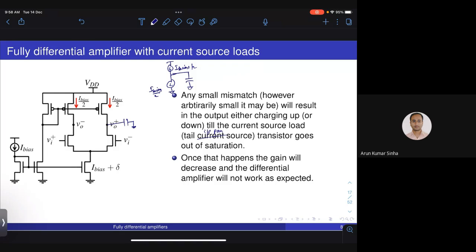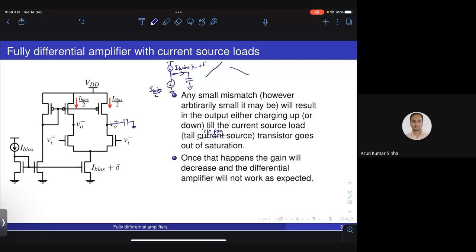If there is a small mismatch in either of these, if this becomes plus delta, or if the tail sink becomes different from I bias by 2, that difference current has to flow through the capacitor, and that will cause the capacitor voltage to either rise up linearly or fall down linearly, depending on whether the source is higher or the sink is higher. And that will result in the output common mode either increasing or decreasing till one of the two transistors goes out of saturation, and that will basically kill the gain.